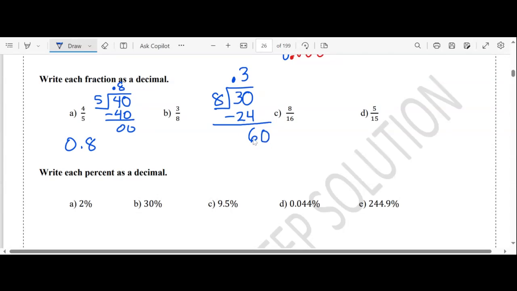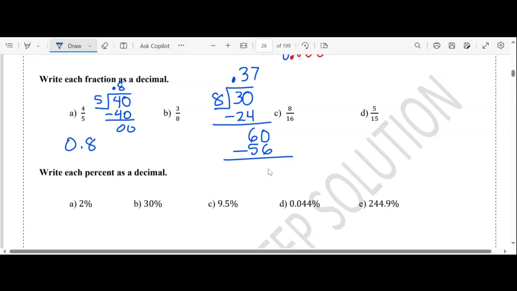8 goes to 60 how many times? 7. Yeah, 7. 7 times 8? 56. So you put 56 here. And then you subtract.